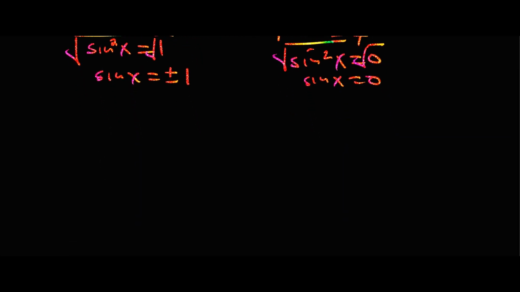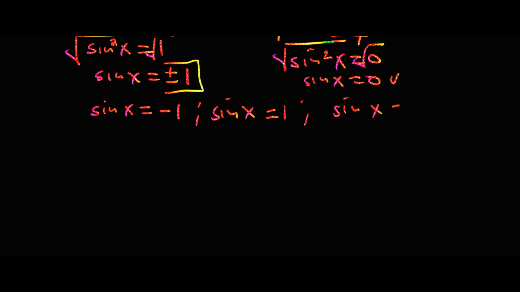So let us list them. So we have sine of x equals, from this, there are two values: there is minus 1, and then there is sine of x equals positive 1, and then from this, sine of x equals 0. So we can now get the value of x by obtaining the sine inverse of each of these.